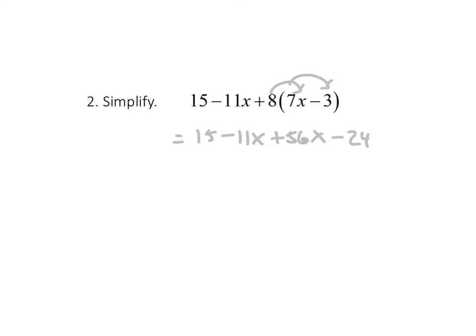Now we need to combine terms, and I'd like to combine the variables first. Negative 11x plus 56x, negative 11 plus 56, that's positive 45. So we have 45x. Combine the constant terms. 15 minus 24, that's negative 9. So this simplifies to be 45x minus 9.